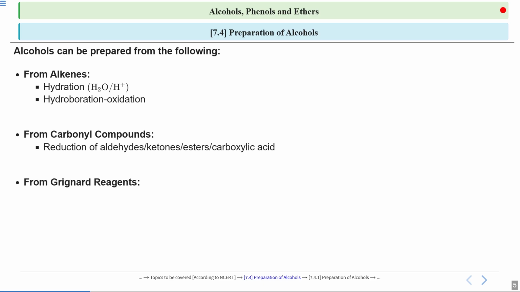Third method is the preparation of alcohols from Grignard reagent. Grignard reagent is alkyl magnesium halide, RMgX. So when you react the aldehydes, ketones and esters with Grignard reagent, you will get the alcohols as the product.